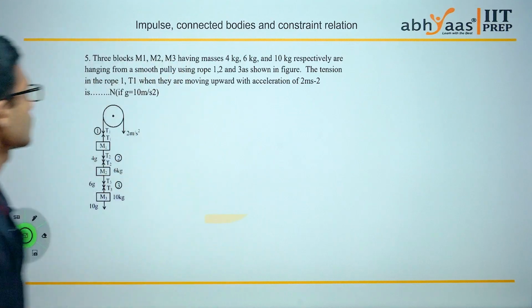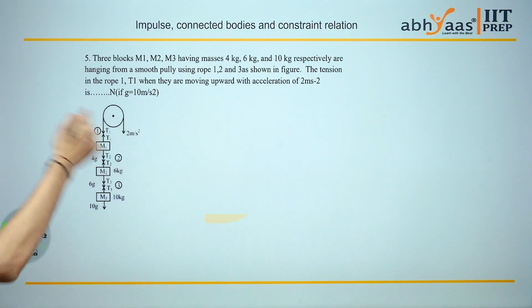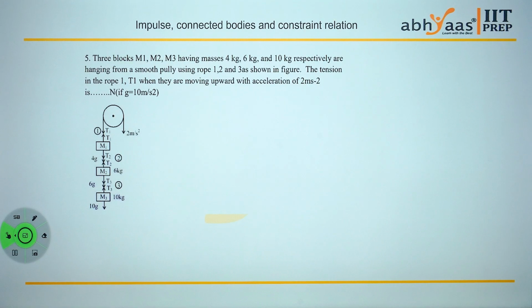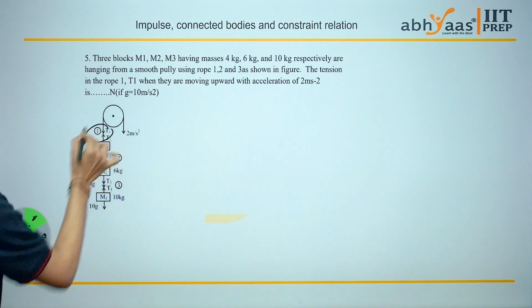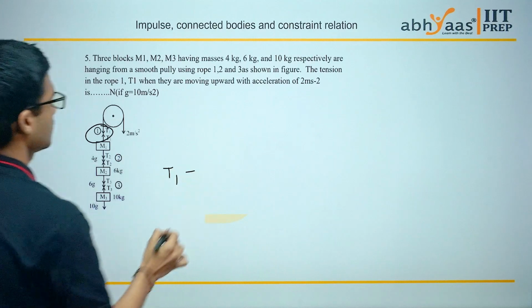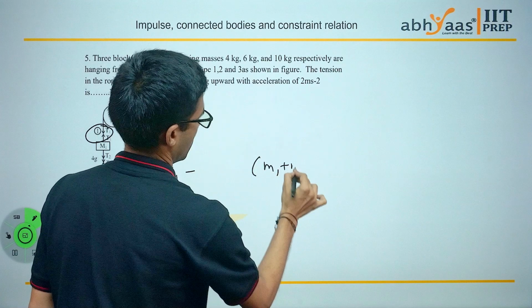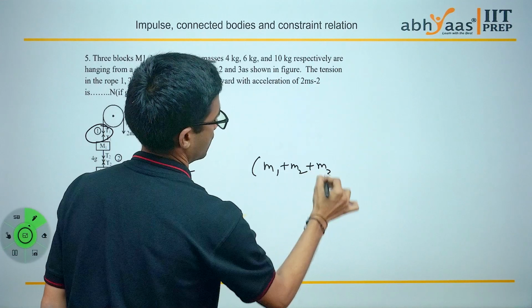Okay, here another question is that there are 3 blocks, 4 kg, 6 kg, 10 kg, respectively, having a smooth surface. Tension in the rope. Here you can simply take T1 minus weight equals M1 plus M2 plus M3 into a.